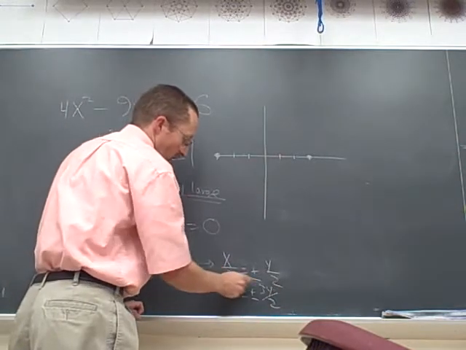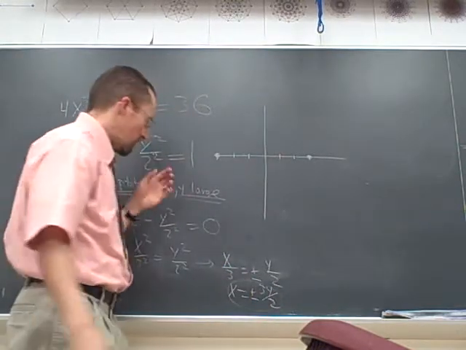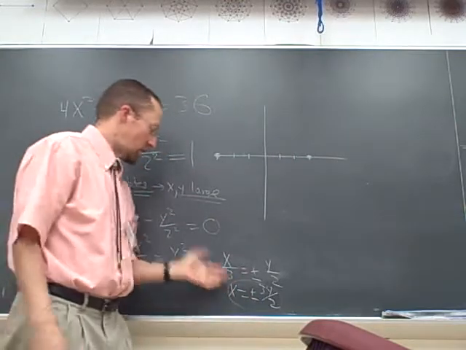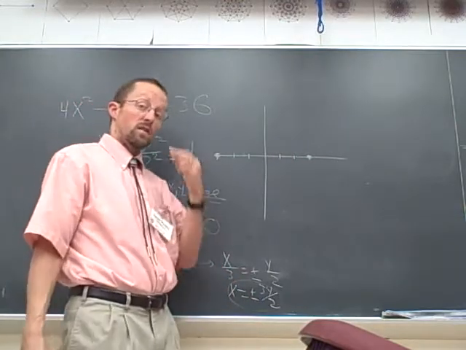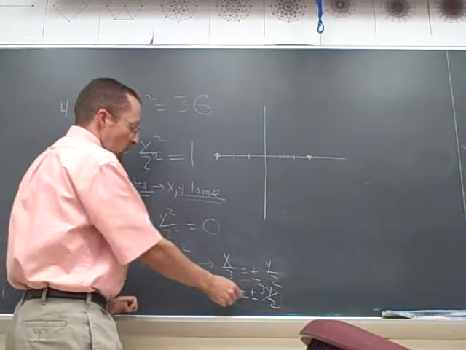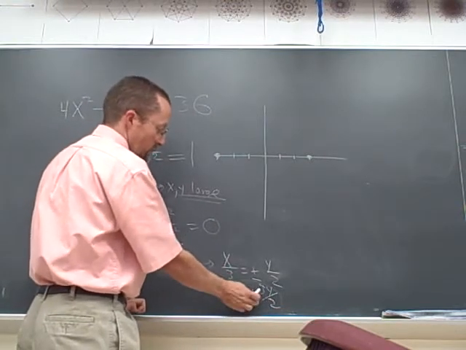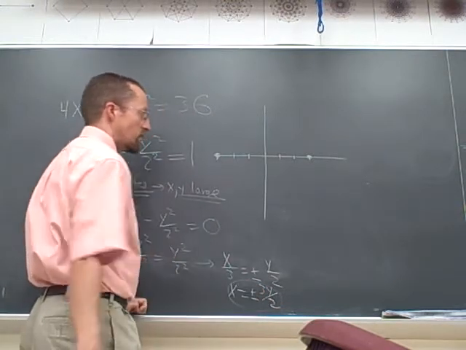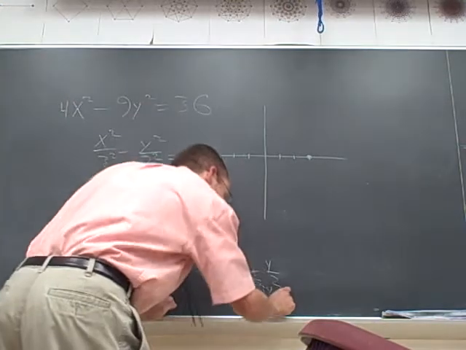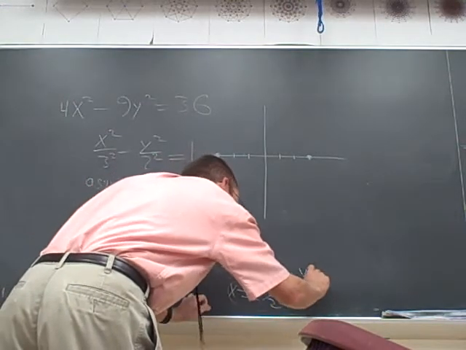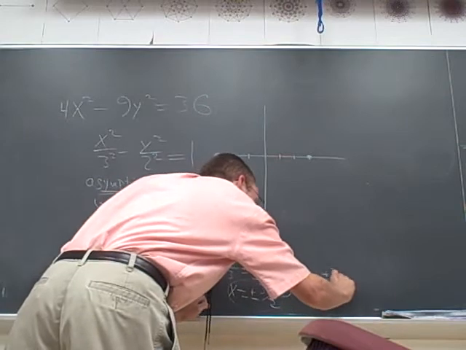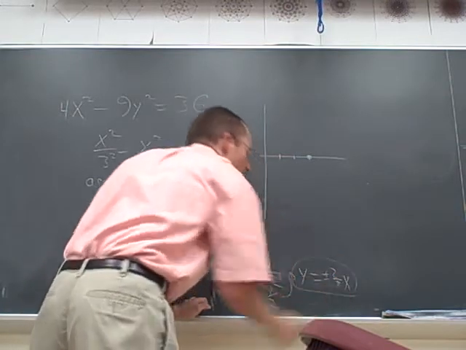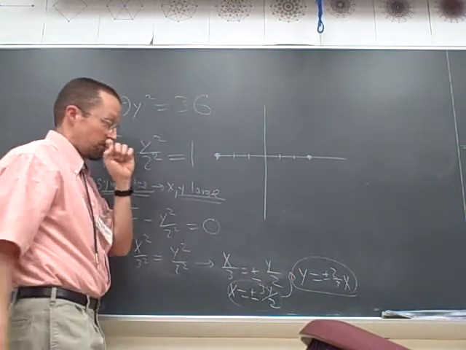So let's graph those. And I want to observe something that, even though this process is pretty streamlined, actually makes it unnecessary for really sketching it quickly. x is plus or minus 3y over 2. Well, if it's plus, then the slope is 3/2. You know what? Actually, I should have solved for y equals plus or minus 2/3 x. Just wasn't paying attention. There we go. The slope is 2/3, or minus 2/3.